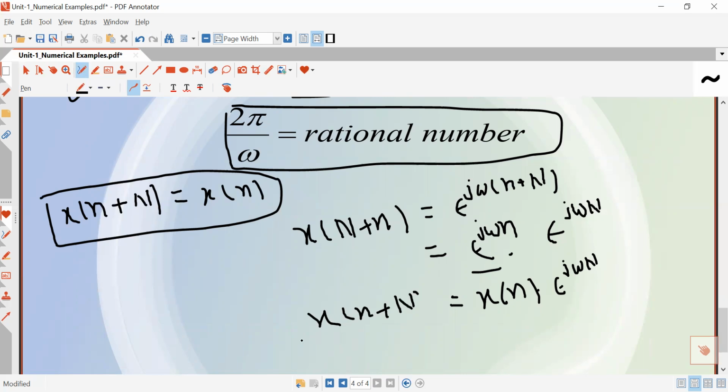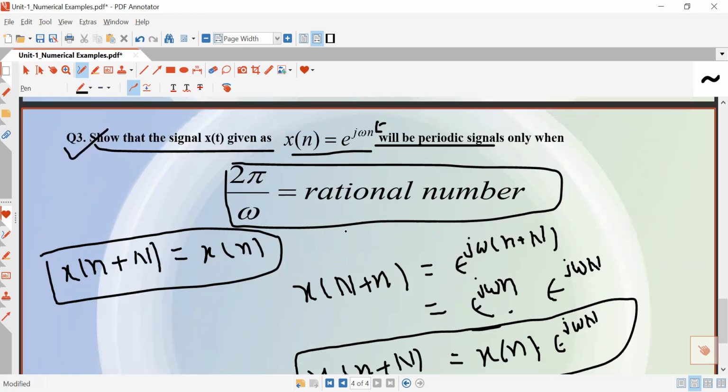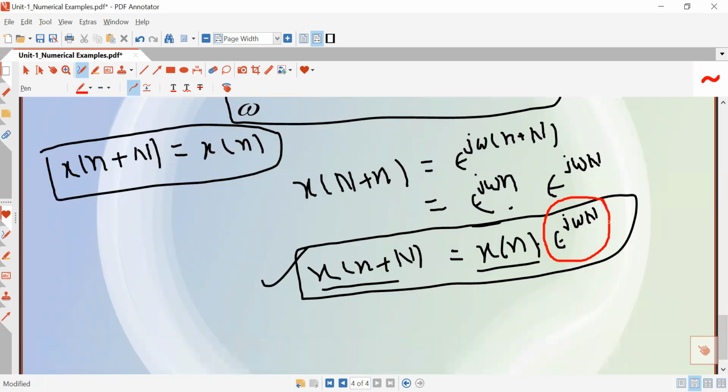Now, when x[n plus N] is equal to x[n], only then the given signal x[n] will be periodic. So from this expression you can check under what condition x[n plus N] will be equal to x[n]. This is possible when this term is equal to 1.